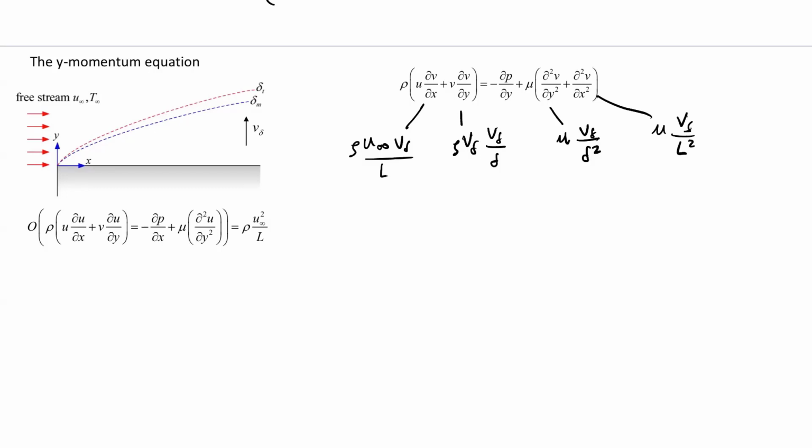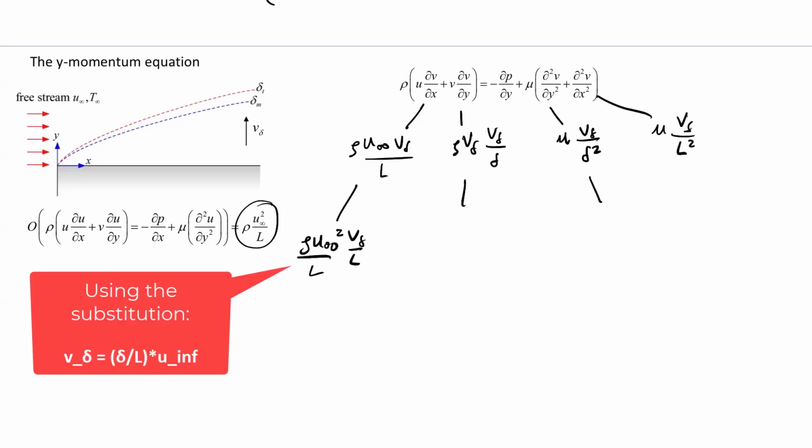Okay, following the same kind of approach that we went through last time, let's write this out. It ends up being rho u infinity v sub delta over L, which is rho u infinity squared over L times delta over L. Sorry about that. I'm going to make you use your erasers today, or you can just watch me.